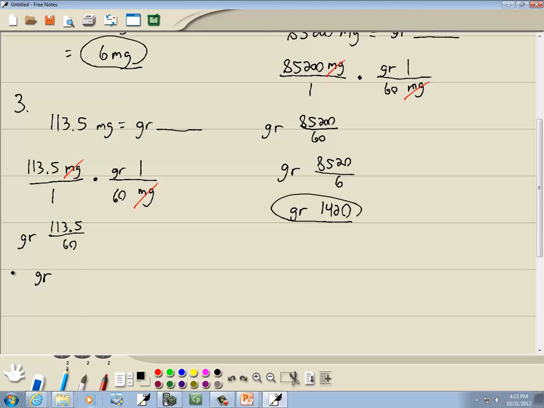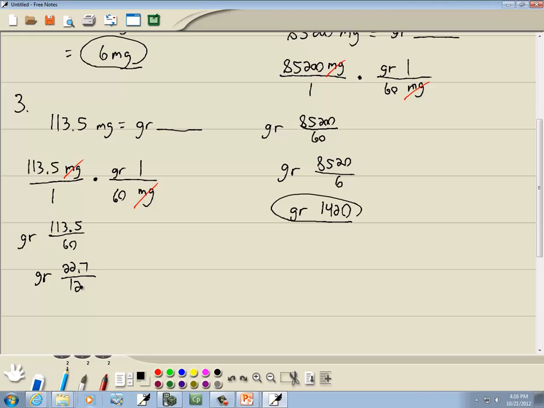Well, top and bottom are both divisible by 5. I do know that. 113.5 divided by 5 gives me 22.7, and 60 divided by 5, I think, is 12. I don't think that simplifies any more.